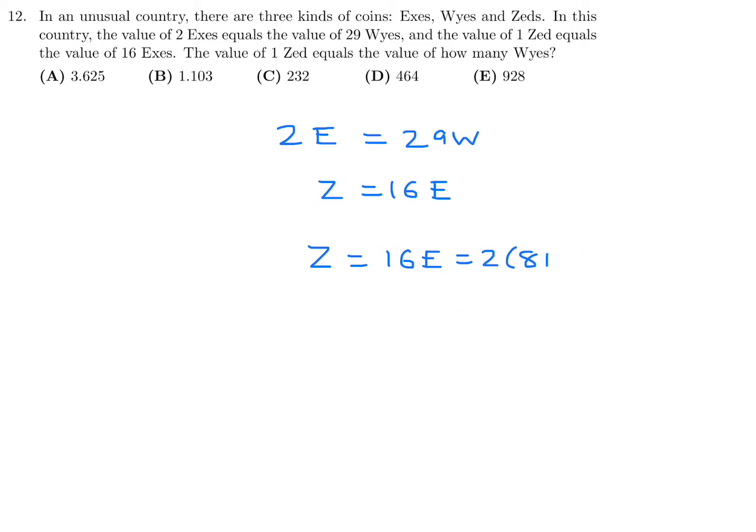Probably better to write it that way. And then 2X is 2Y, so 8 times 2Y, or 16Y. And therefore, Z is equal to 16Y, and that is what they're looking for. So number 12, the answer is C.